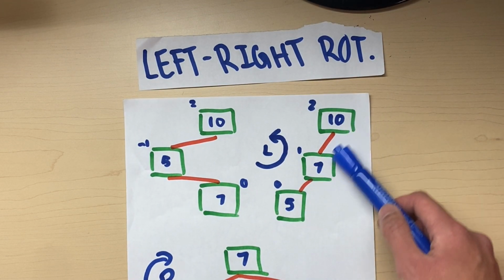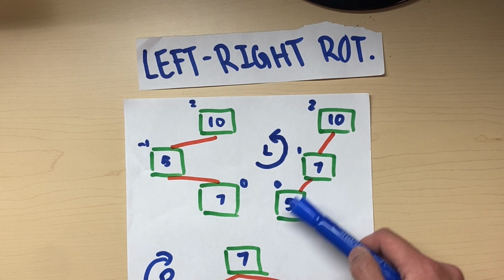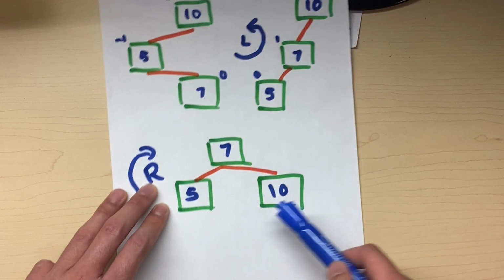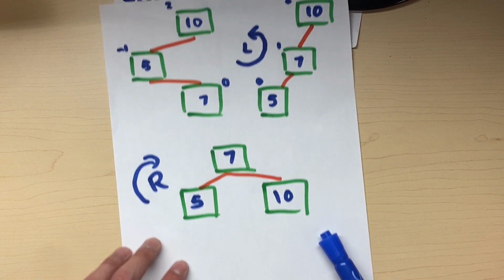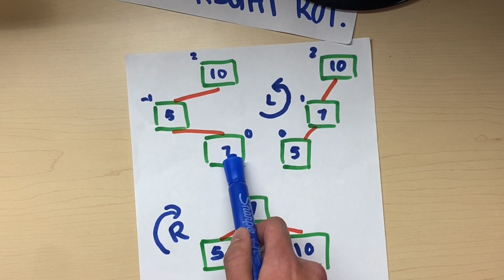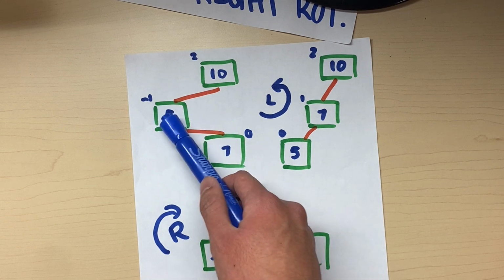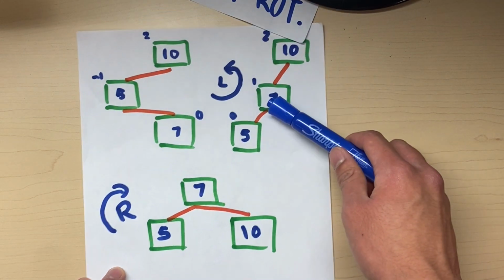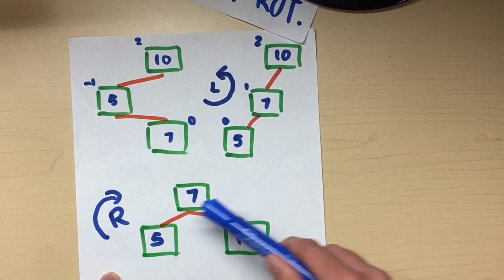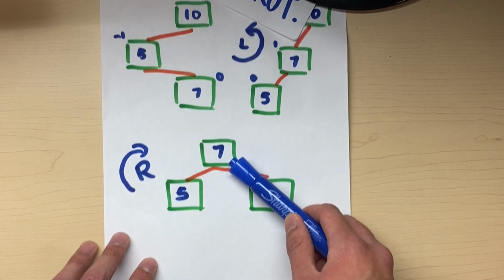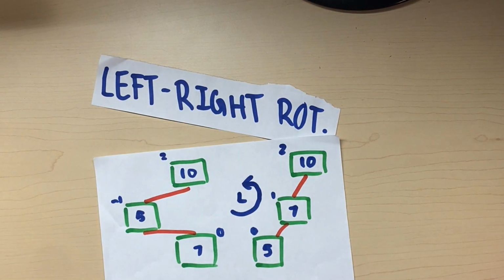And then now it's still imbalanced, but if we do a right rotation, then it's balanced. So we rotated node number 7 left, and then finally we rotated node number 7 right, bringing it up to the head. So that's our left-right rotation.